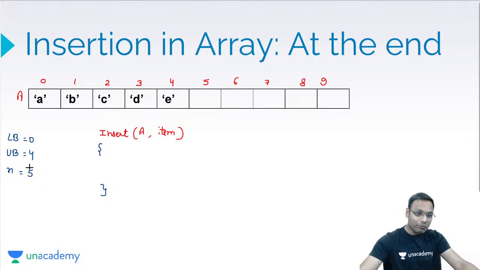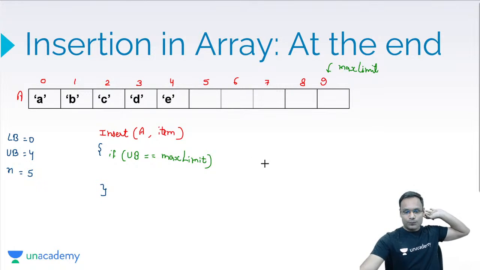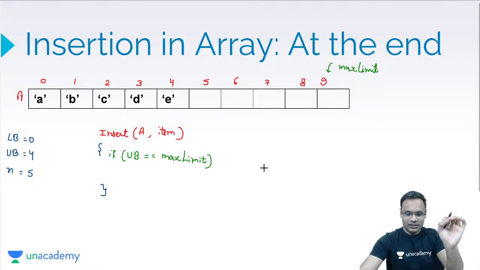I'll have to check if this upper bound has reached the max limit. Max limit means the index which is my last index. If this upper bound has reached here, then it's like the array is full. अभी और नया इंसर्शन नहीं कर सकते.